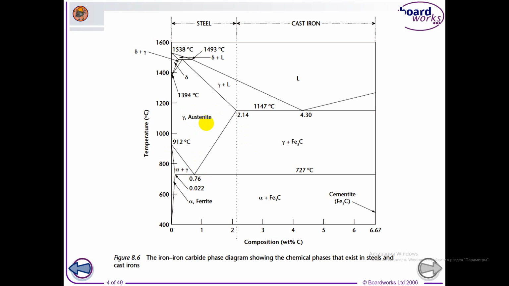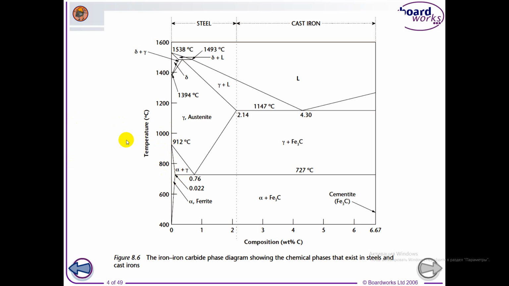The transformation temperature from 727 up to 912 is dependent on the carbon content, as shown on the bottom left-hand side.